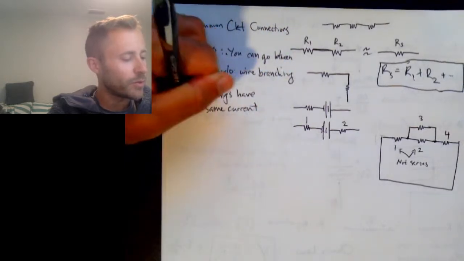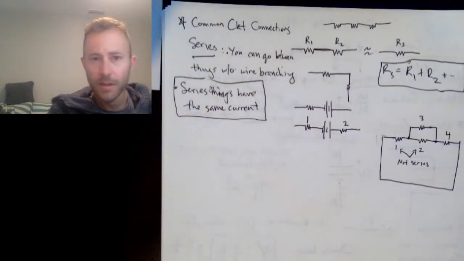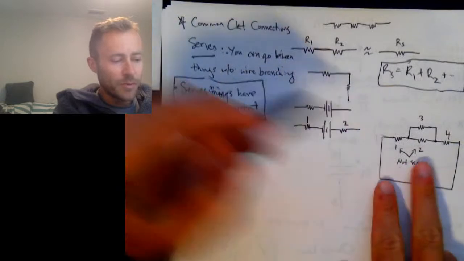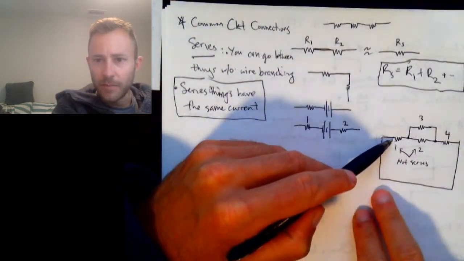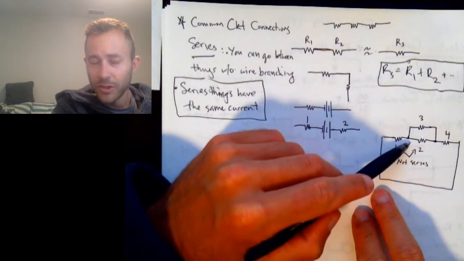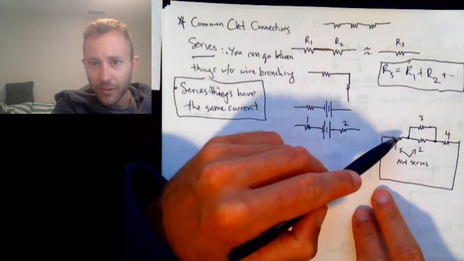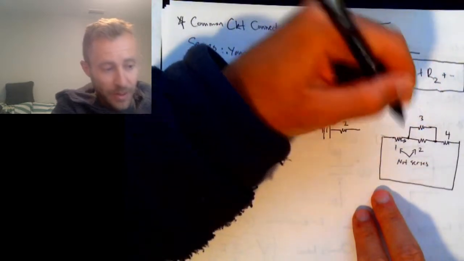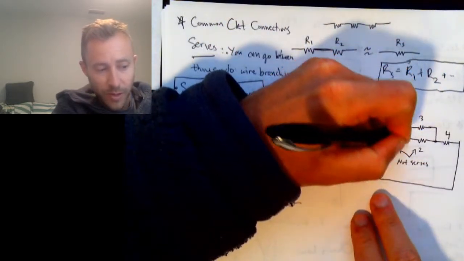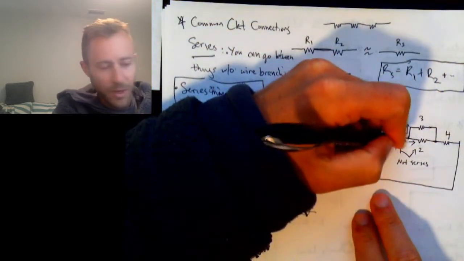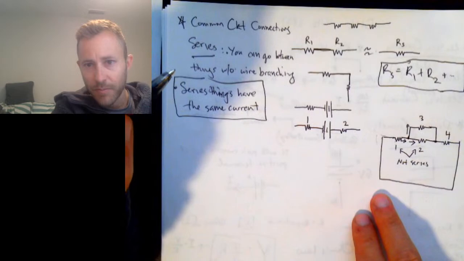This is an incredibly important fact. For example, resistor 1 and resistor 2 are not in series, so in general they will not have the same current. Why? Because the current that goes here is going to split two ways, so this current will not be the same as that current.